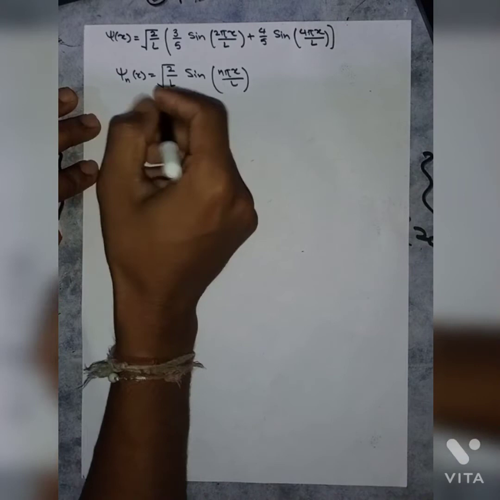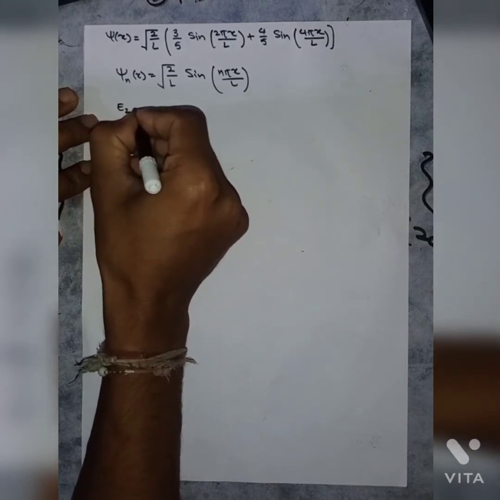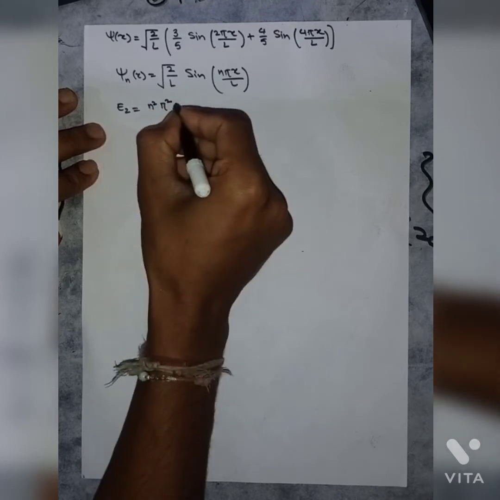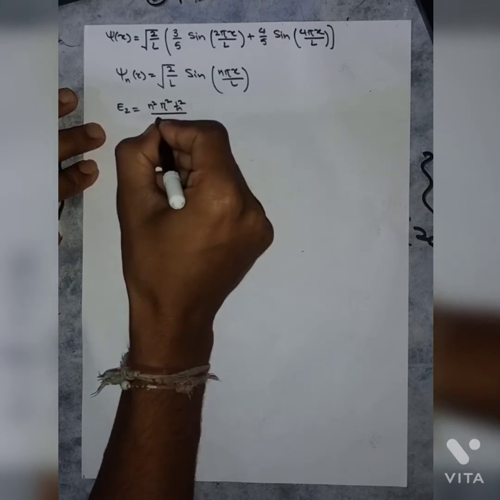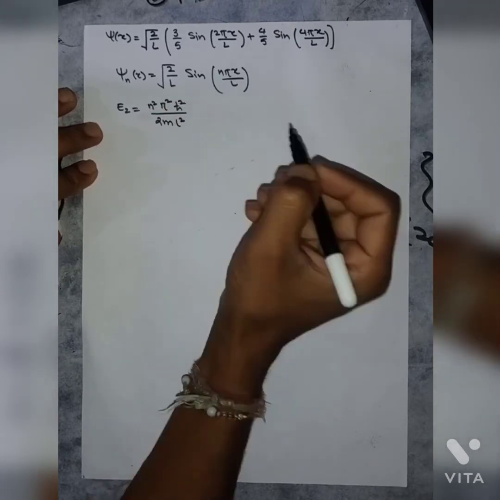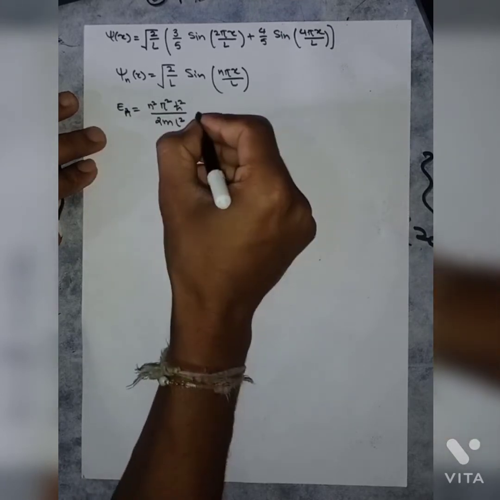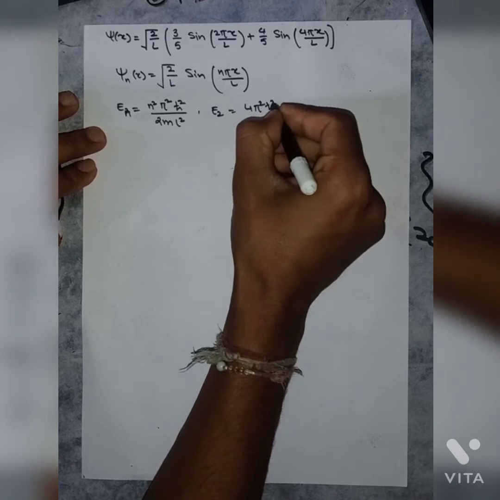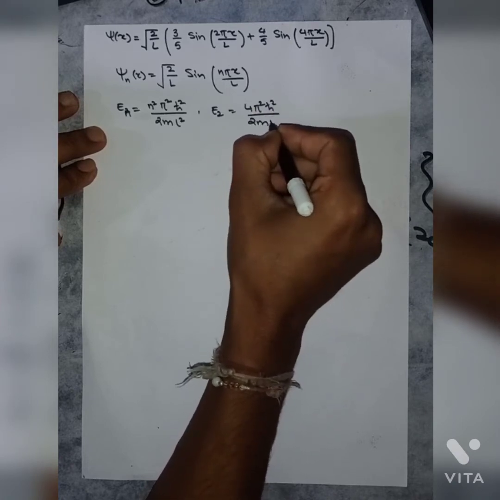But we can say E2 is equal to n square pi square h bar square upon 2m L square. So basically this is En. So E2 will be 4 pi square h bar square upon 2m L square.